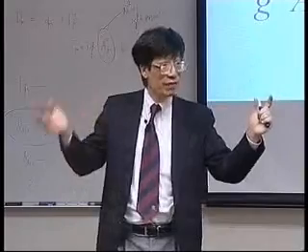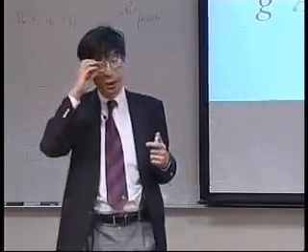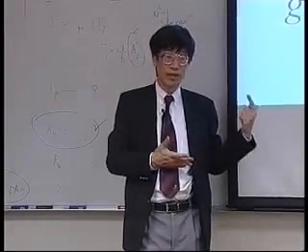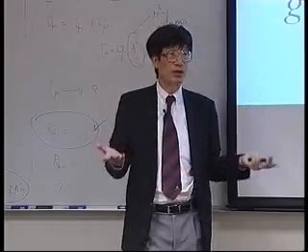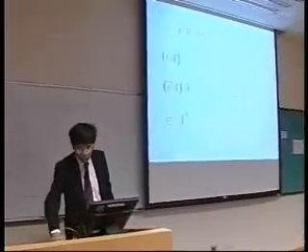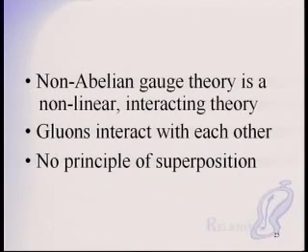So the perturbative series is not very useful. And because it's nonlinear, it is very difficult to solve. So there is not much known about non-abelian gauge theories in detail. Much more difficult than quantum field theory because it is nonlinear. So non-abelian gauge theory is a nonlinear interacting theory.